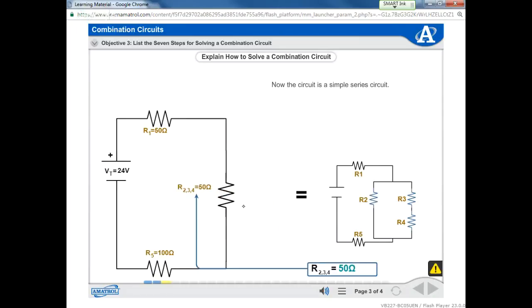Now the circuit is a simple series circuit. Click on the resistance values of R sub 1, R sub 2, 3, 4, and R sub 5 to calculate their equivalent resistance. All right, so what is RT now? 200 ohms. We're going to add that one, and that one.